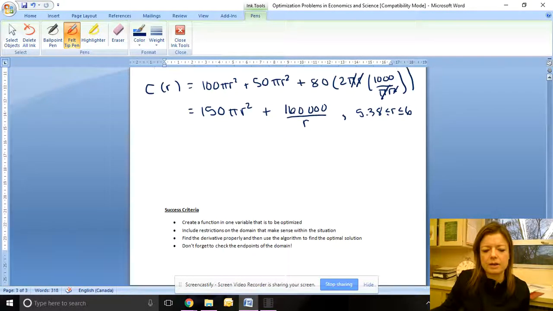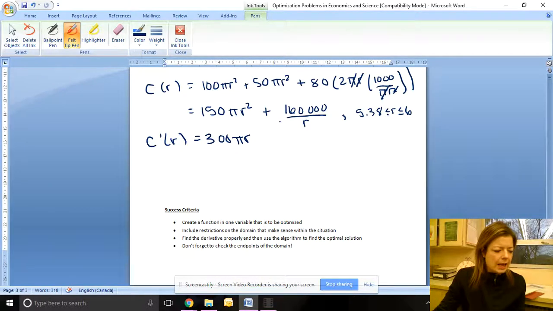Okay, so this is our cost function, and now we're just going to go through our algorithm. So we find our derivative. So we get 300 pi r. And then in this case, you can either use the quotient rule, or you can think about this as r to the -1 and use that rule.